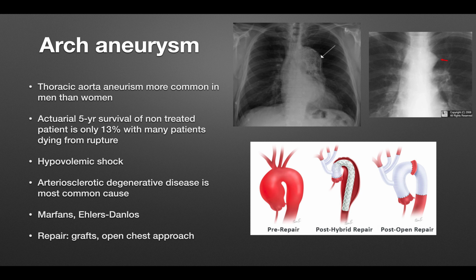Okay, so an arch aneurysm, unfortunately, is more common in men, especially middle-aged men, and it's just a weakness of the aortic arch walls, and it causes this bulging. The bulging is concerning because it's a high pressure vessel, and the aneurysm usually occurs because of high blood pressure and some kind of cardiac problem.